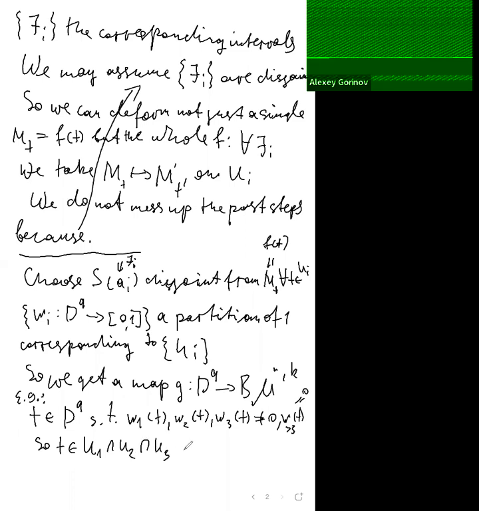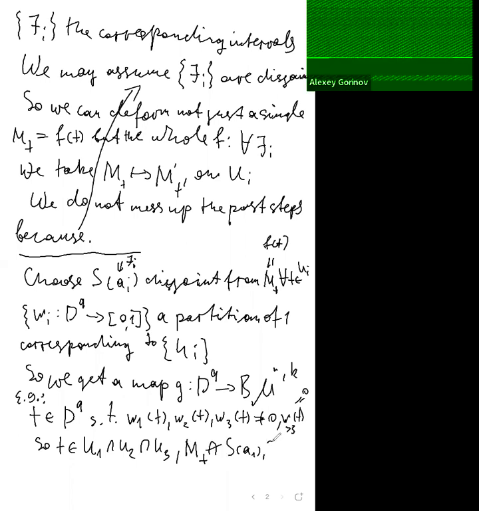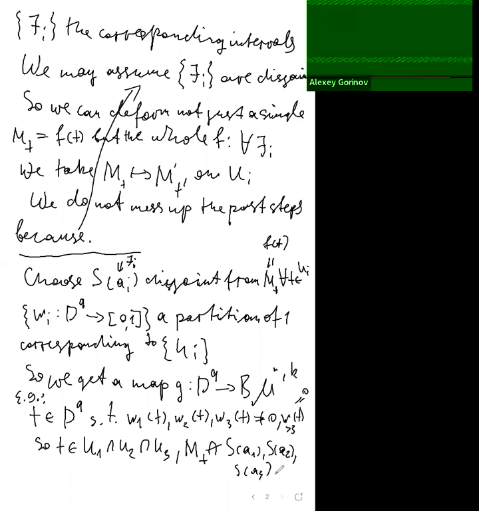So in fact, M_t does not intersect three slices, which are all destroyed.